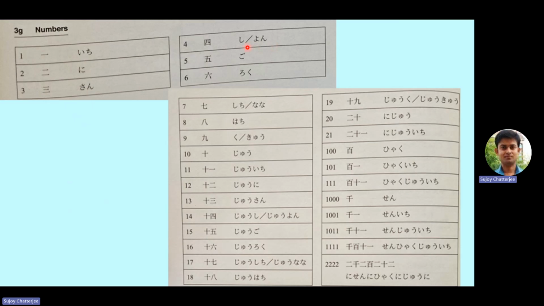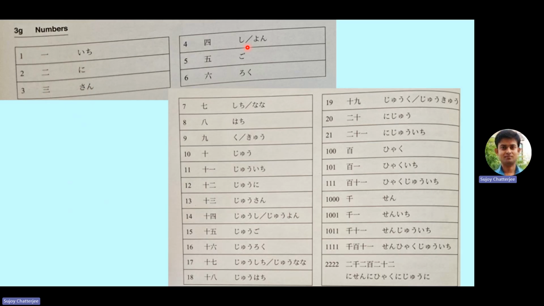Now there is a thing here. Both shi and yon can be used to represent 4, but shi has a limited usage. You will be surprised to know that shi is not used when we refer to the numeral 4 in connection with someone's birthday, someone's age, or something like that.